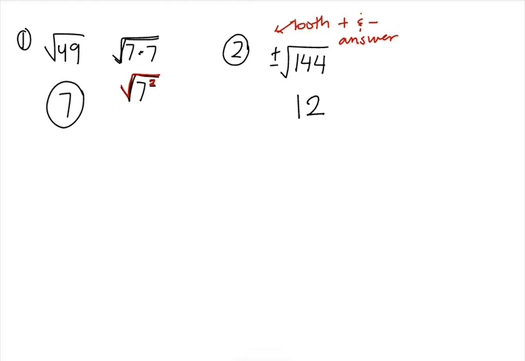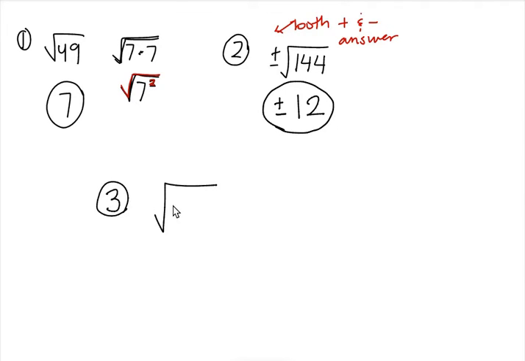A negative times a negative is positive, right? So positive 12 and negative 12 would both be the answers to number 2. And again, usually you don't have to put a sign unless it's laid out in the problem like we have here. So you would want to include the positive and the negative.